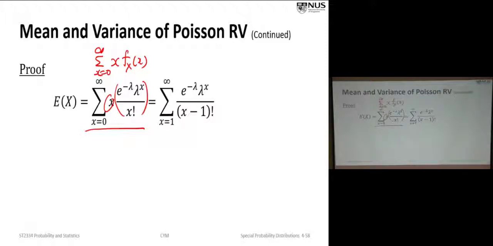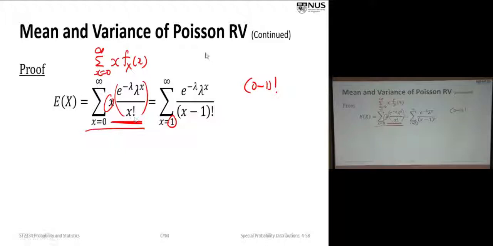So how to do this one? Obviously the x cancels with the x factorial, so we are left with x minus 1 factorial. And don't forget, you have to make some adjustment here as well, because you cannot have 0 minus 1 factorial. So in other words, this one does not have x equal to 0. You cannot start with x equal to 0. In fact, x equal to 0 means this term is gone.